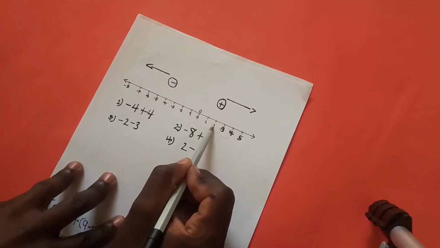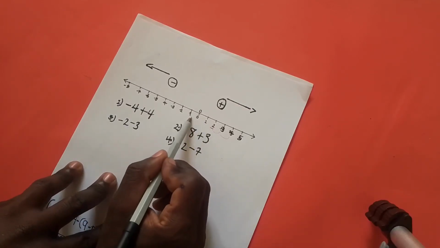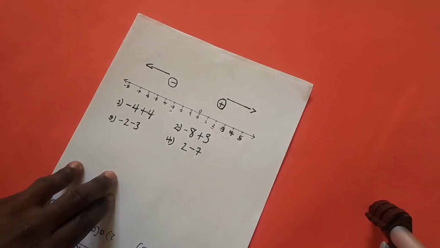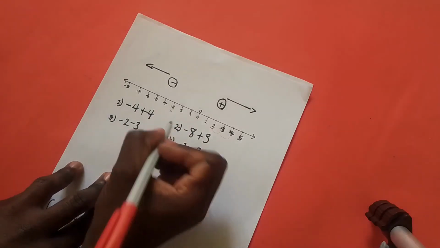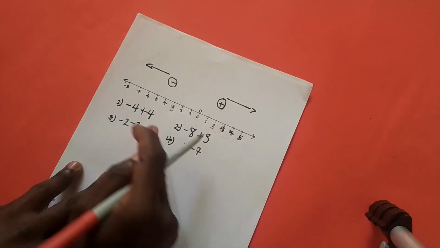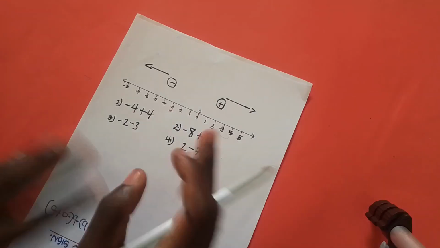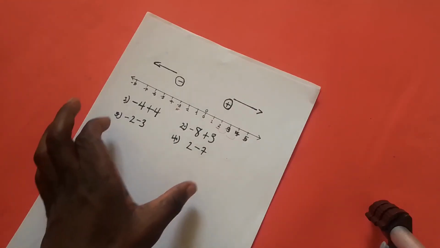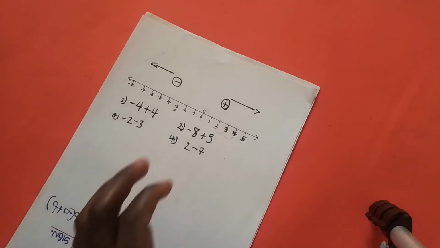Therefore, 2 minus 5 will be 1, 2, 3, 4, 5. We end at negative 3 at this point. Therefore, we know that 2 minus 5 is equal to negative 3. As simple as that. So let's start with these examples I've written to help you understand the negative sign better.